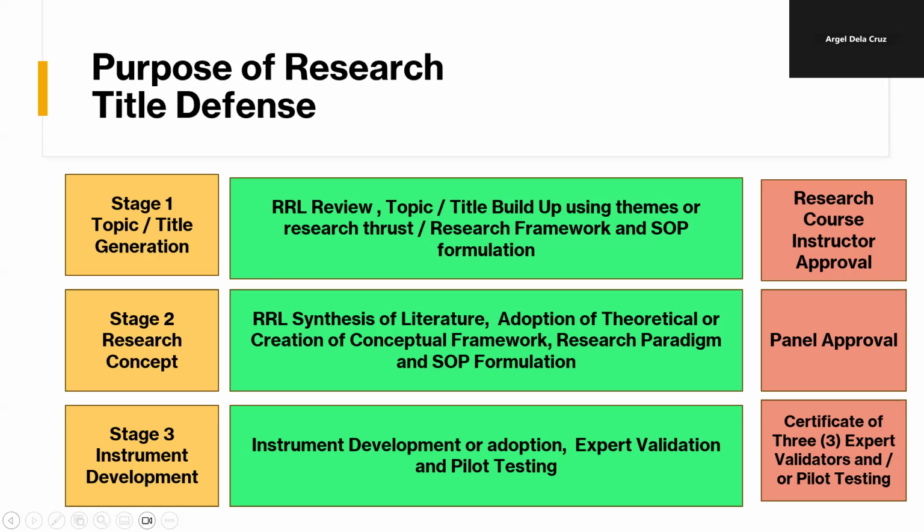If you're going to adopt an instrument, you have to validate it using a panel of 3 experts. These are experts in tourism, 2 experts in tourism and 1 expert in psychology, or it could be 3 experts in tourism or 2 experts in psychology. So a combination. If none is available, 3 experts of tourism.